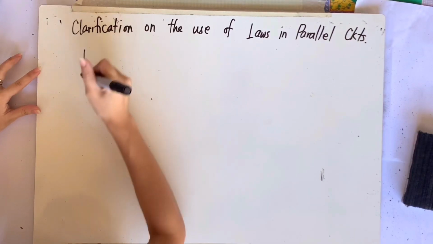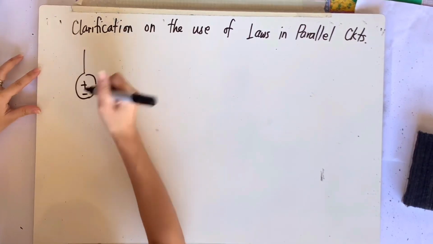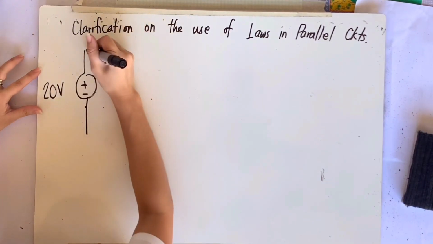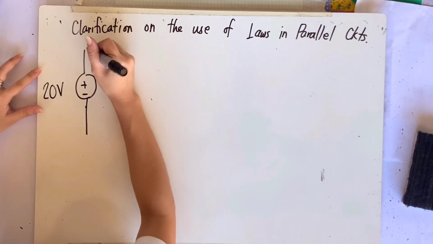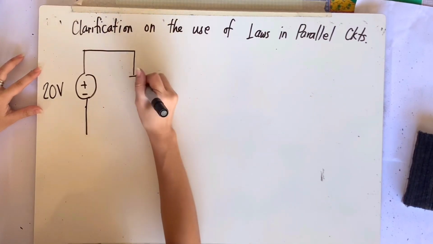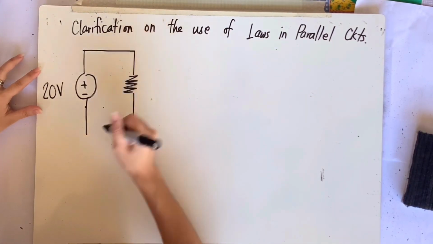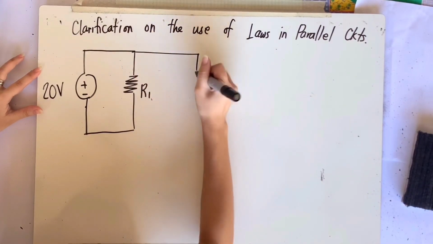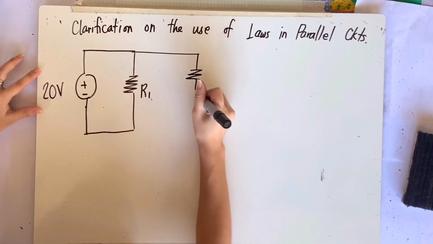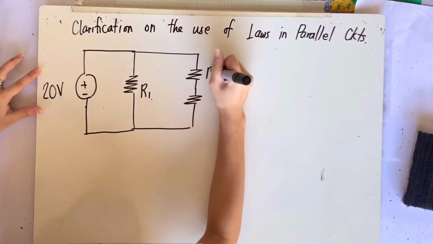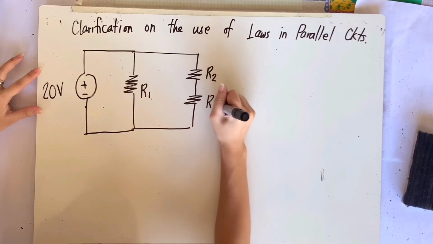Let's say our circuit consists of a DC voltage that is rated 20 volts. Tapos sabihin natin itong voltage natin, naka-parallel siya to a branch, a single branch that consists of a single resistor, and let's say this is R1. Tapos naka-parallel ulit siya to another branch, na yung branch na yon has two resistors in it. And let's say si R2 at si R3 yon.